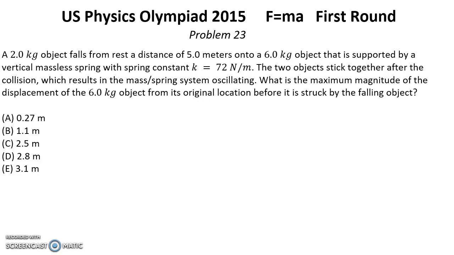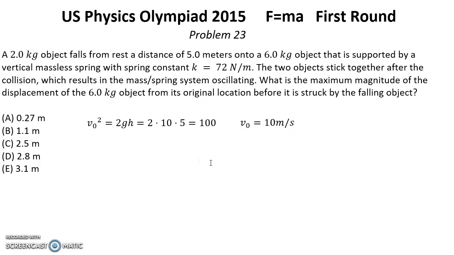Solution. Here we have several steps to solve this problem. First step, we have to find the speed of the first object of 2 kg when it reaches the second object. Here we use energy conservation. To find this speed V0, we use the formula V0 squared equals 2gh, or 100, and the speed equals 10 meters per second.